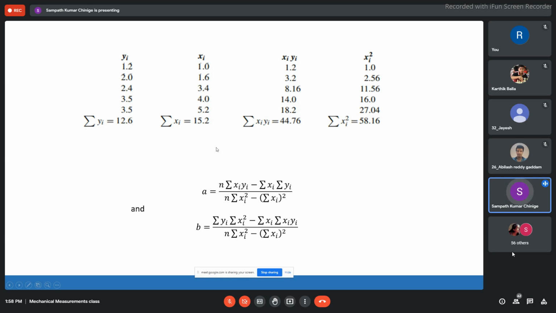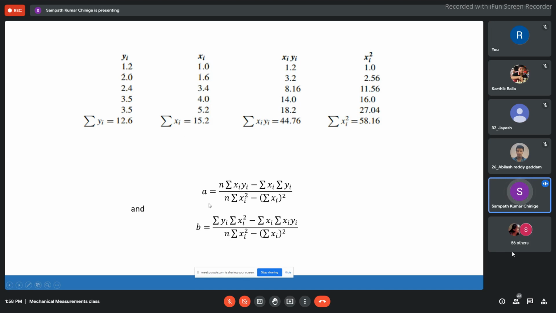So 5 into Σxiyi, which is 44.76, minus Σxi 15.2 into 12.6, divided by 5 into Σxi square, which is 58.16, minus Σxi whole square, that is 15.2 whole square. That will give you my a value.